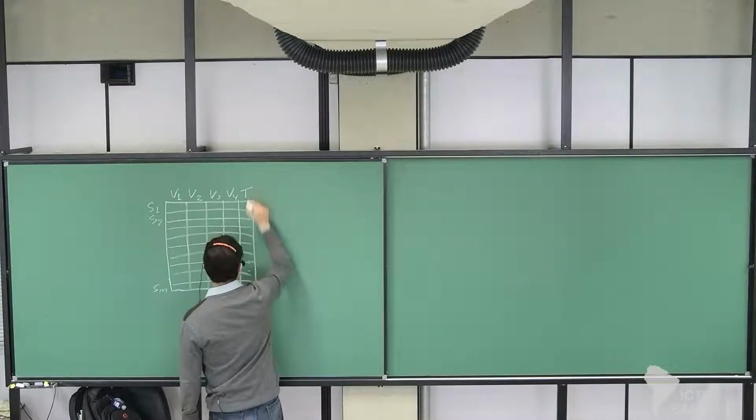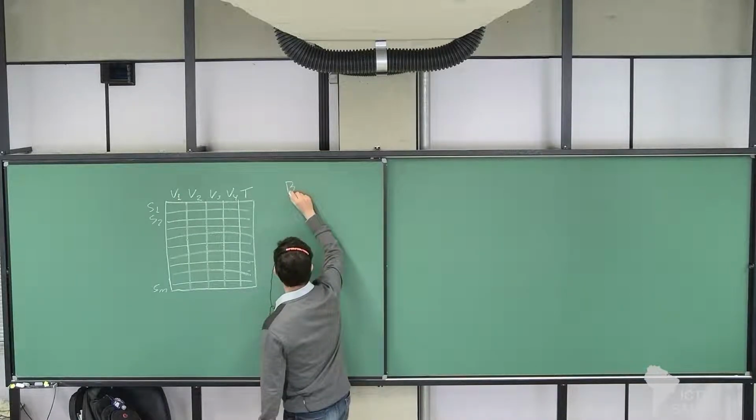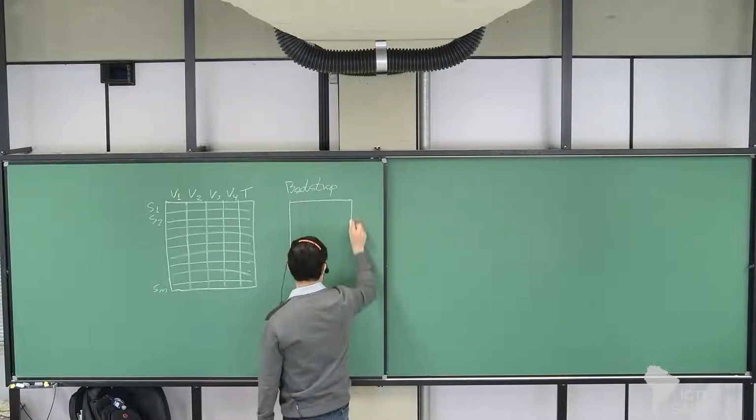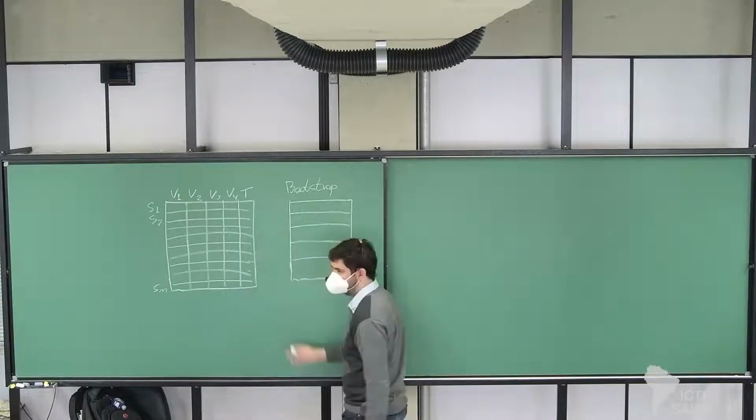So the Bootstrap sample will be a data set with a subset of the instances of the original data set.